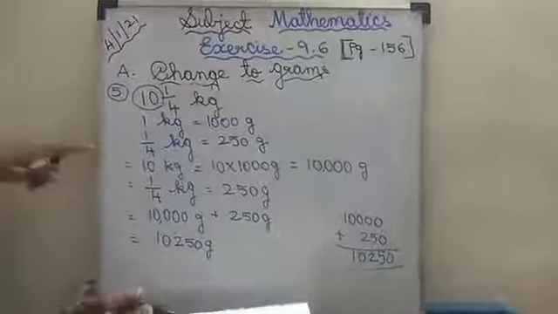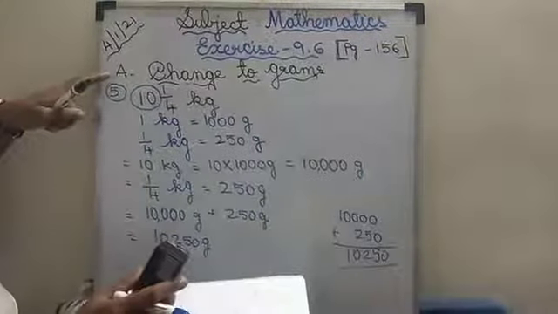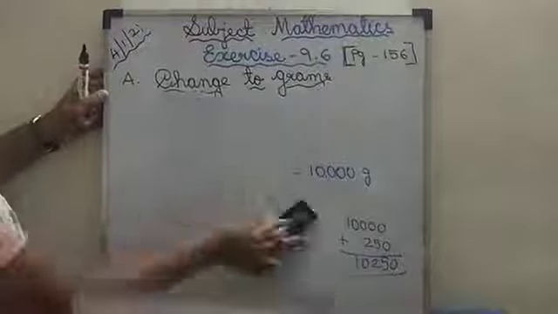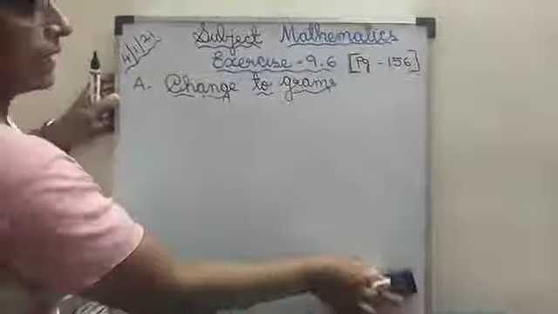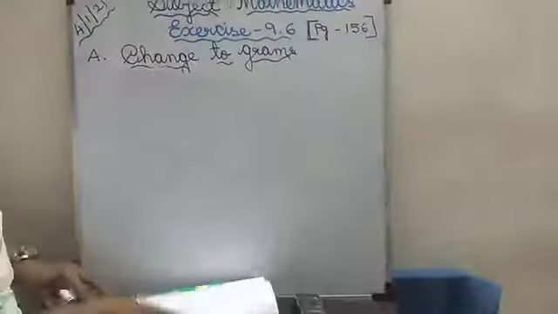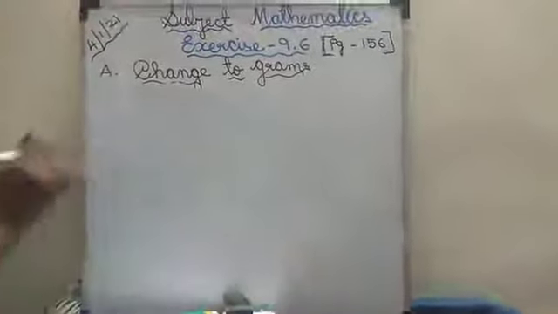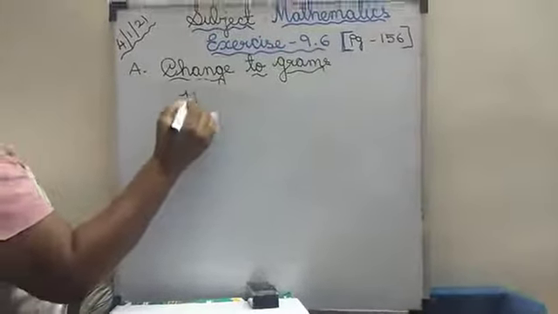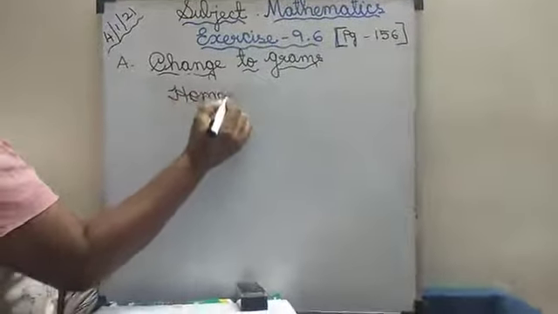Now I am going to give homework. Okay, children? 5 sums I have taught in the A1, change to grams, and now I am going to give you 2 sums as homework. Again and again I am repeating. Don't think why Miss is always repeating it, because many of them are not doing the homework. So I am always reminding. So 2 sums for homework.